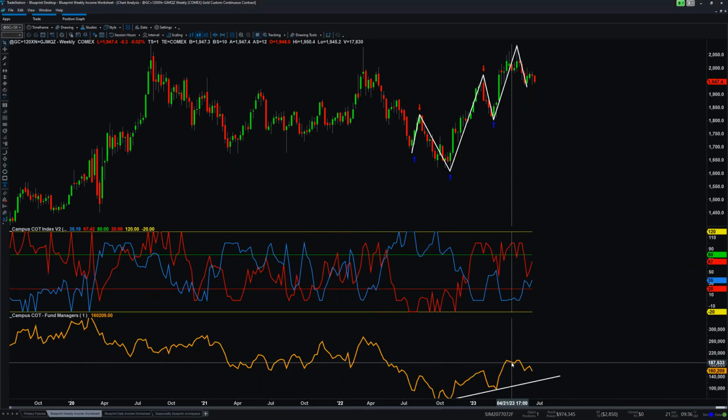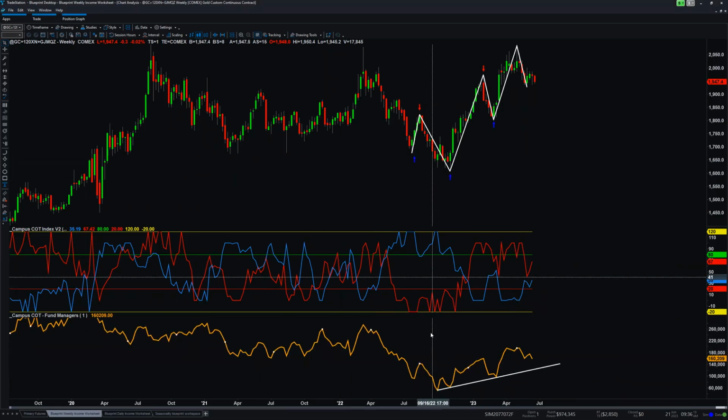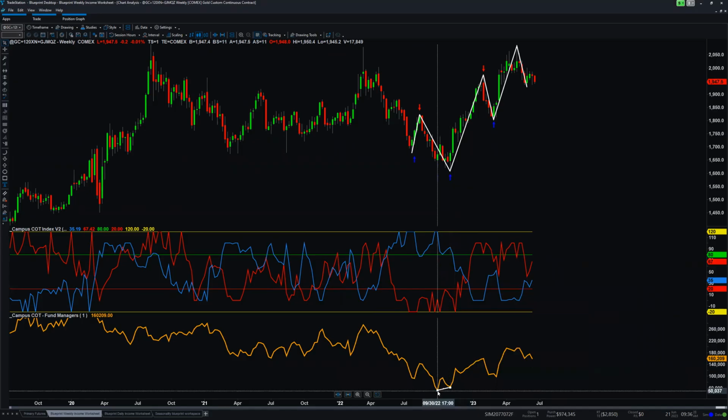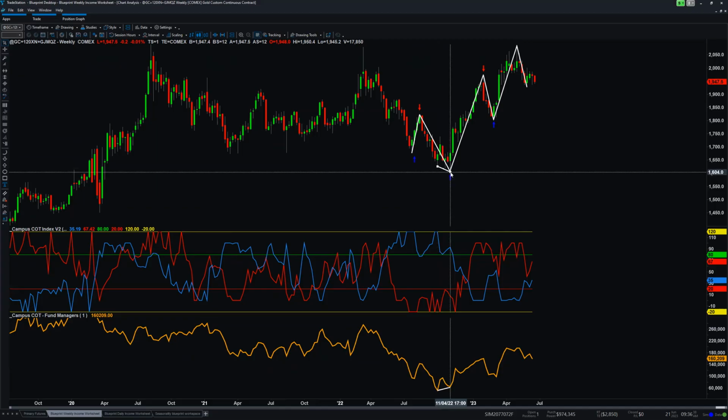Something that really predicted the end of the band here is that we saw a divergence, right? Here the non-commercials made a new high, even though price made a new low. So this was a fake low. The commercials here were really coming from an ultimate extreme.